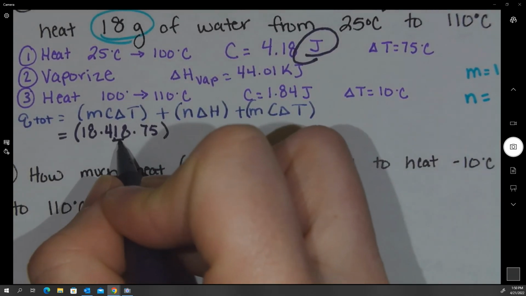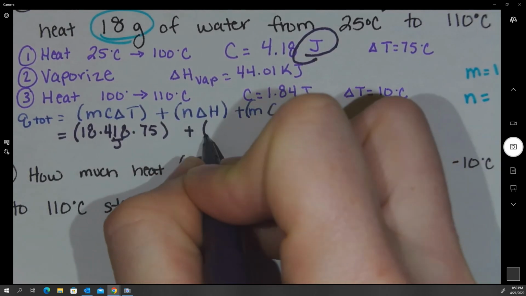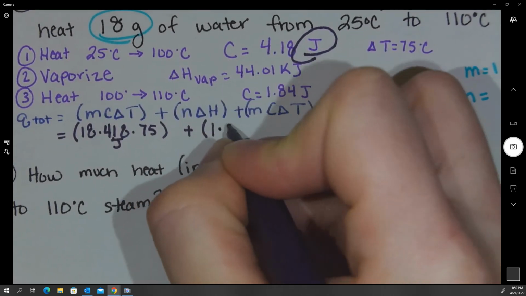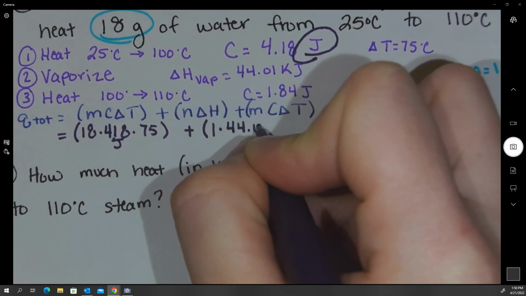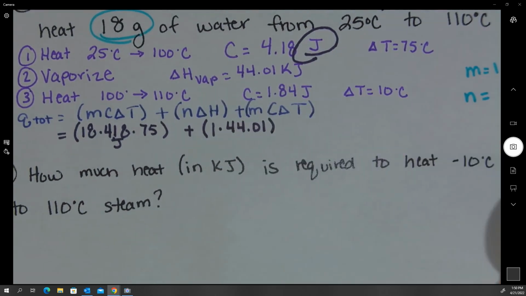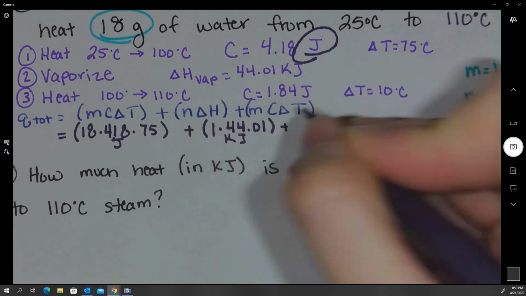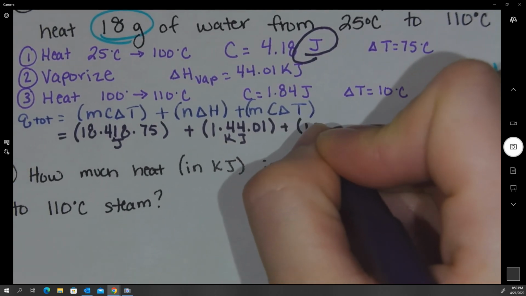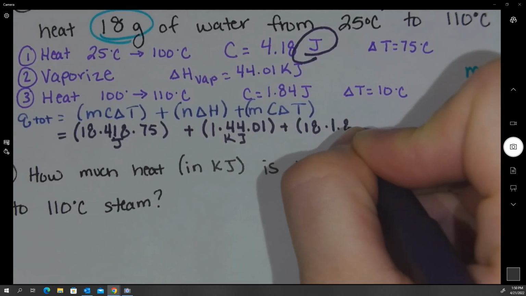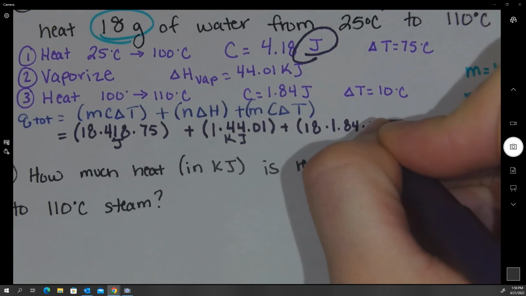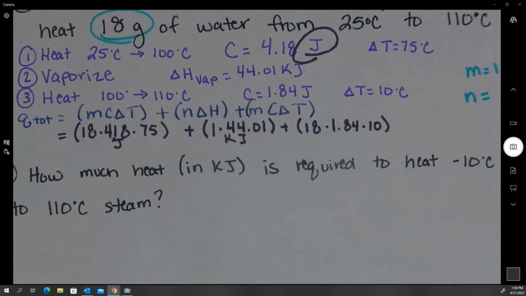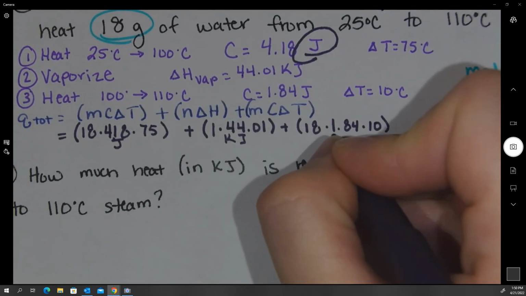So I'm going to write a J underneath. My second is going to be 1 times 44.01. What am I going to write under this one? KJ. My third parenthesis is going to be 18 times 1.84 times 10. And what am I going to write underneath this one? J.